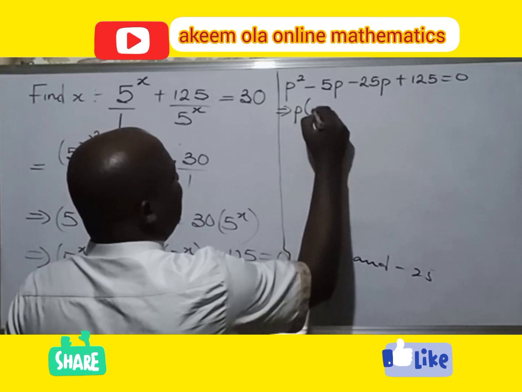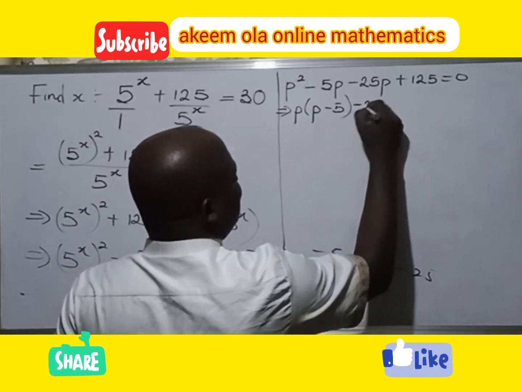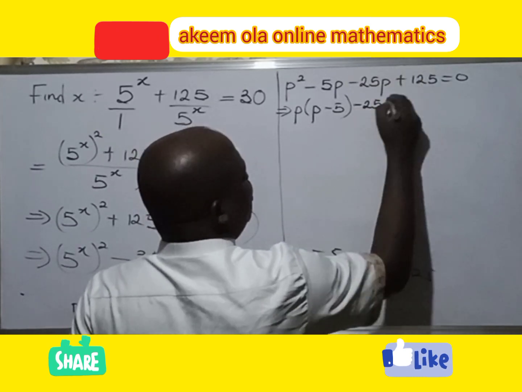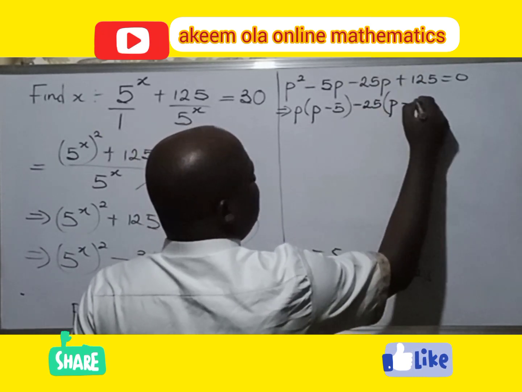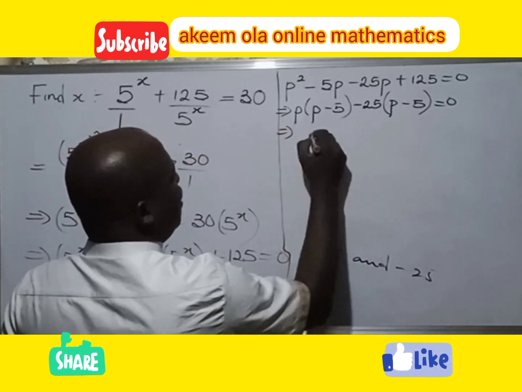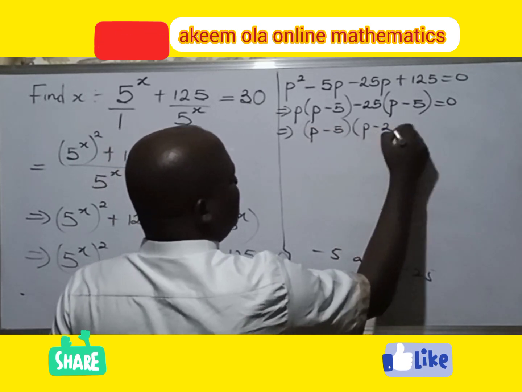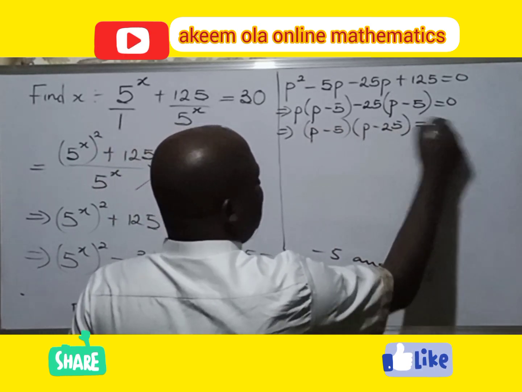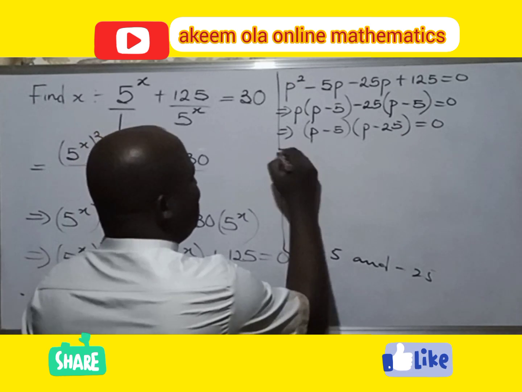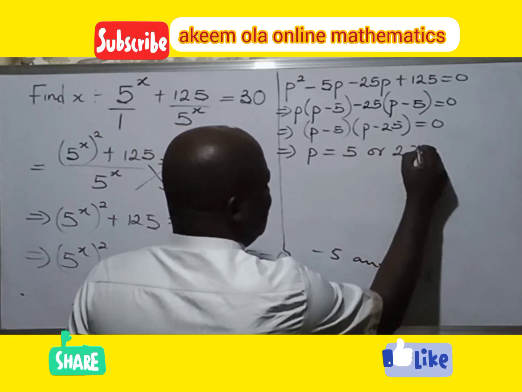I have p minus 5 is common here. Then minus 25 is common to these two. So in bracket, I'm also going to have p minus 5. So my answer now will be p minus 5, p minus 25 is now equal to 0. So my p now will be 5 or 25.